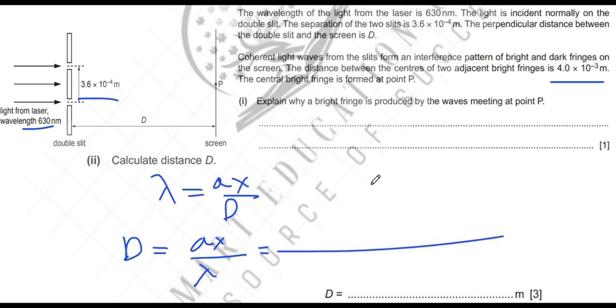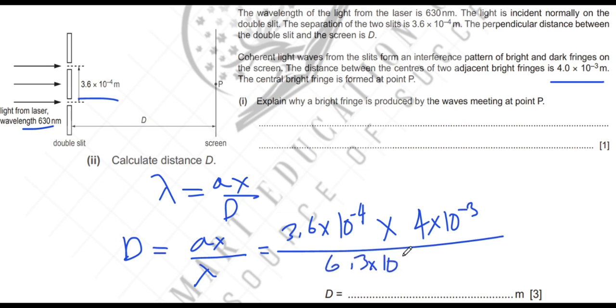So the value of a is 3.6 times 10 to the power negative 4. The value of x is 4 times 10 to the power negative 3, and the lambda is 6.3 times 10 to the power negative 7. If you do this calculation properly, you will get the value of 2.3.